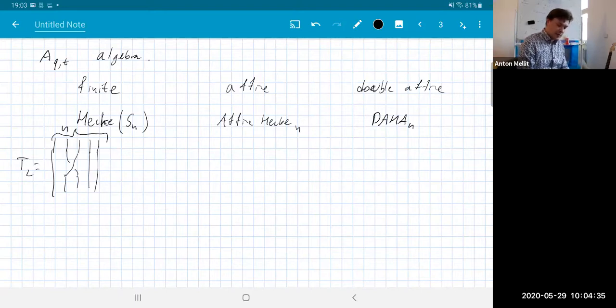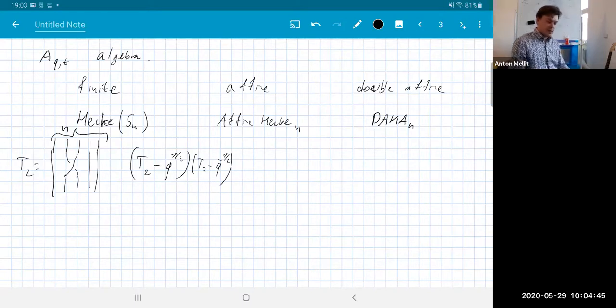And then you impose some relations, quadratic relations. So it's generated by T1 through Tn minus 1, modulo braid relations and quadratic relations. And the size is roughly like the size of the symmetric group.